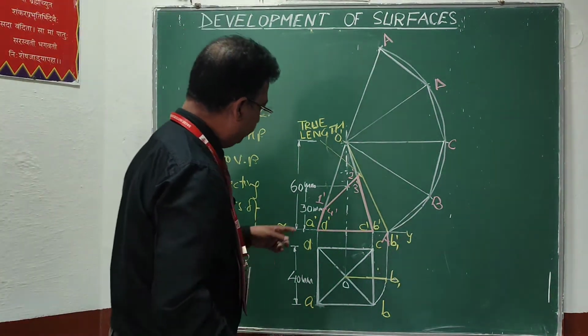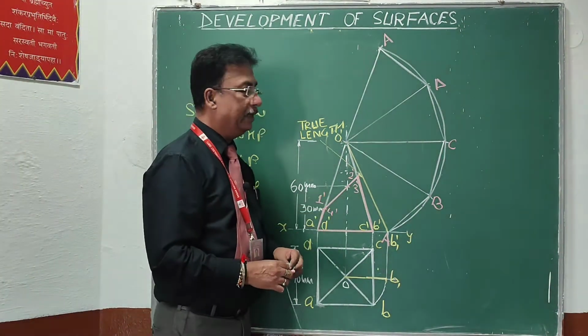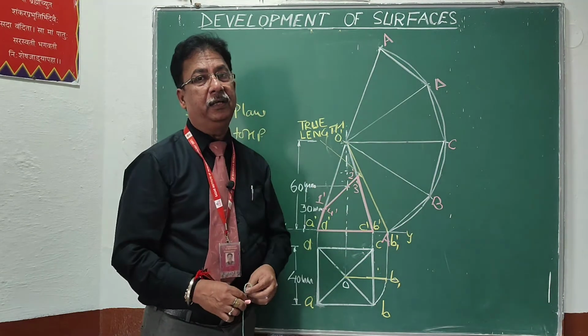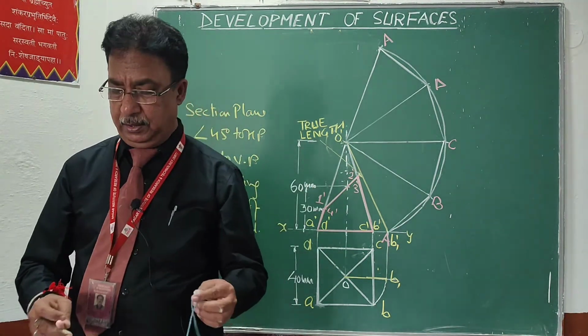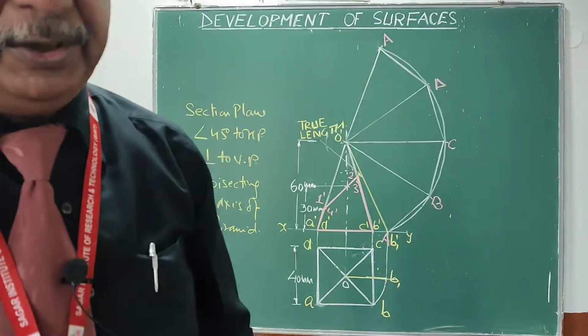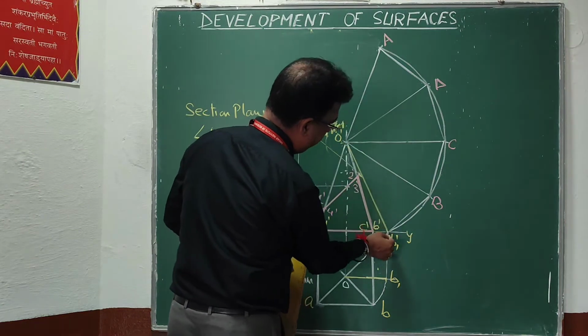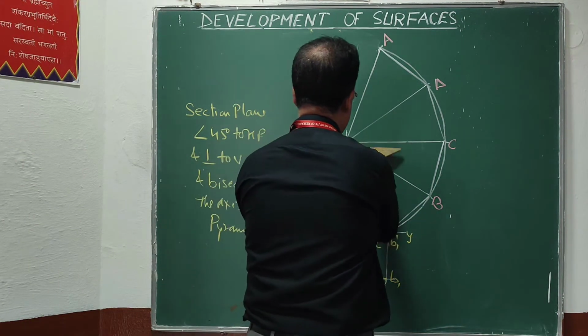Again, if I want to shift these 1, 2, 3, 4 points in the development, as you see these points are on those edges which are not showing the true length. So what we will do, we will shift these points onto that line, that is this O dash B1 dash, which is showing the true length.